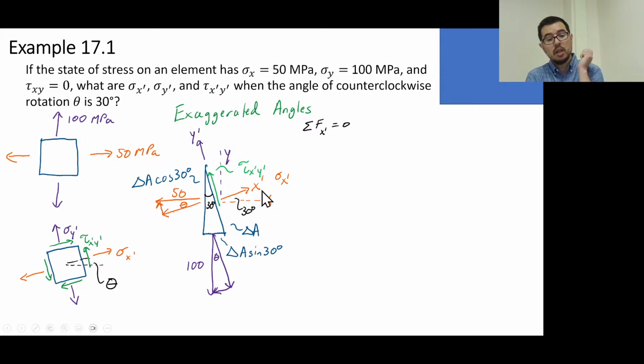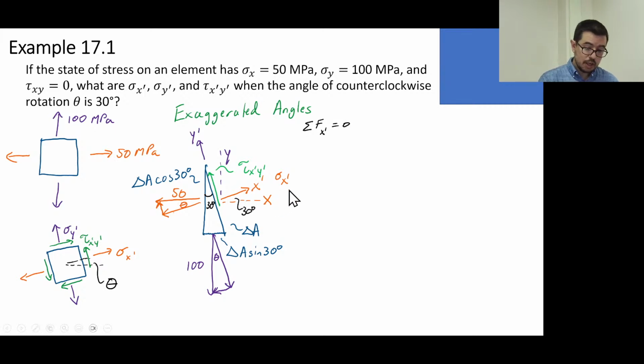Sigma x prime is of course in line with x prime. There are going to be a few things that pop out here. If I'm in the x prime direction, sigma x prime is already in that direction. And what's the force associated with sigma x prime?